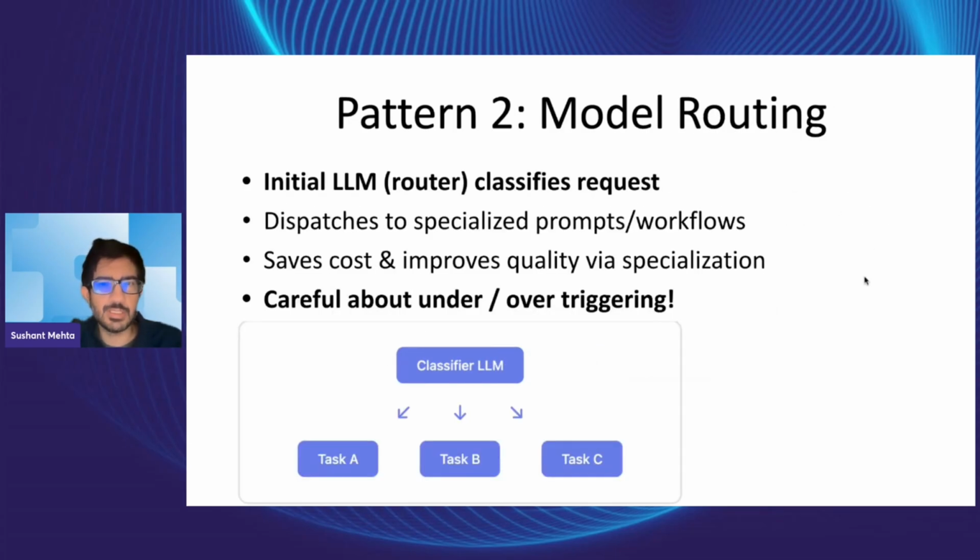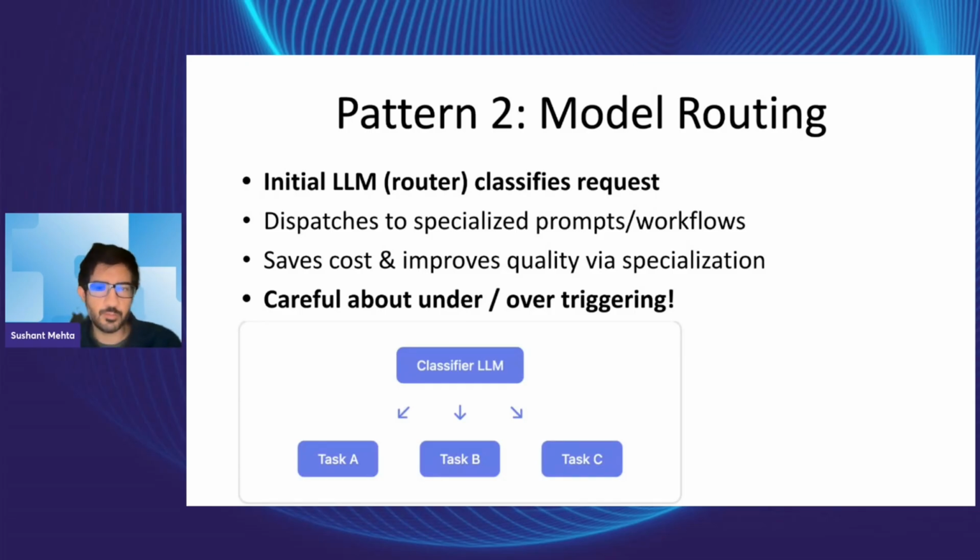Another pattern that's really popular and makes sense in a lot of use cases is model routing. You'll have an initial model router, which itself should be a pretty capable large language model, because that's the one responsible for routing your request to more specialized models.